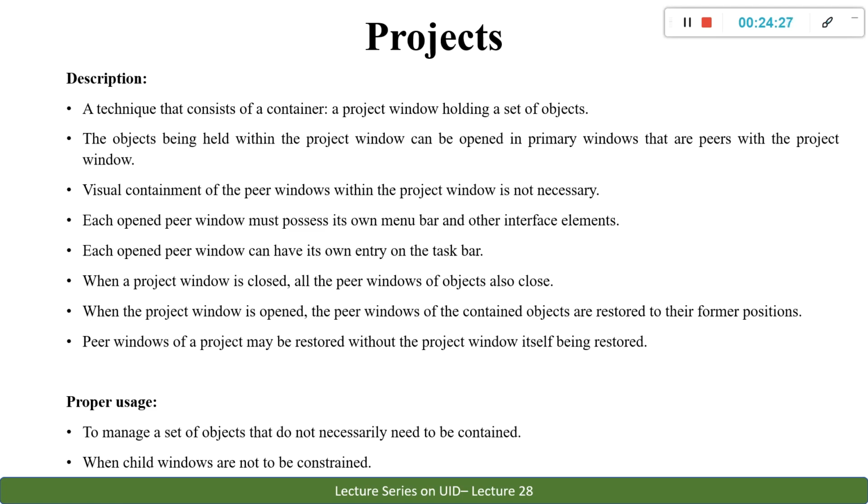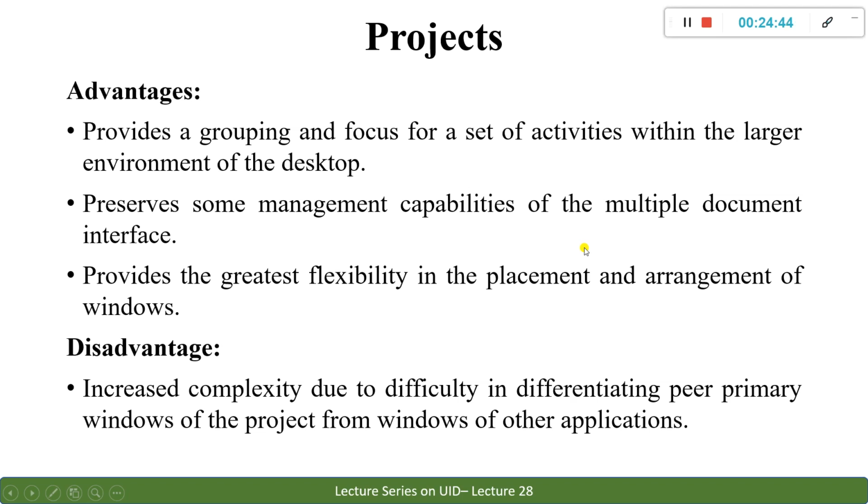And when the child windows are not constrained, if you are not interested in having a child window but you just want its working, that is when you will make use of this projects kind of scheme to display.